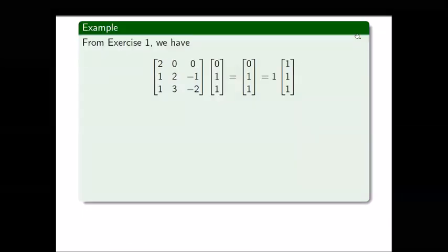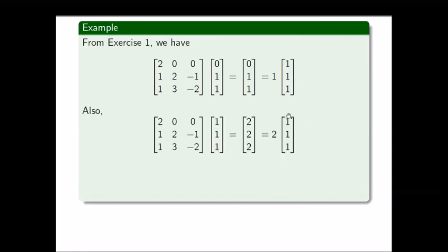For example, in the first exercise, we saw that any vector of the form 0, t, t was a fixed vector. Therefore, it was an eigenvector with eigenvalue 1. So 0, 1, 1 is an eigenvector with eigenvalue 1.